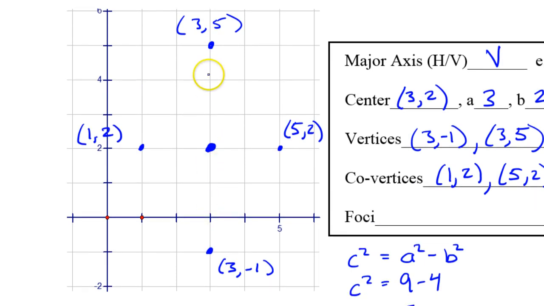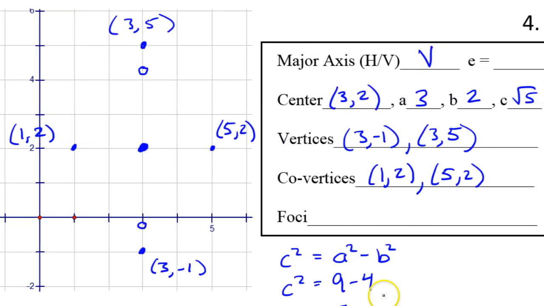All right, so if I went 2.2 up from the center, that would be about here. If I went 2.2 down from the center, that would be about here. Now, how do I label these, though? Because I surely can't say anything about 2.2. So instead, I'm going to use the radical form, which is radical 5.